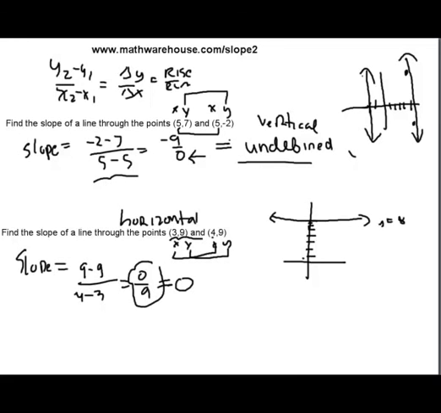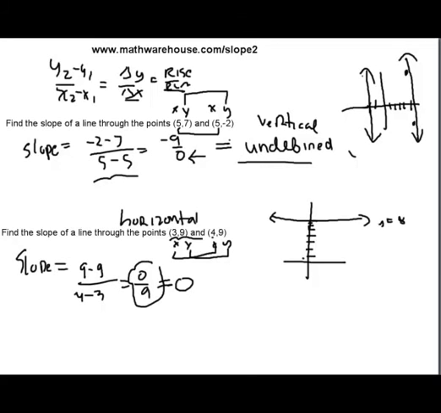If it goes straight up and down, what isn't changing? The run. The delta x, the x2 minus x1, it's the same number, so you get a 0 on the bottom. However, if it's horizontal, the run changes, but as you can see, the y value doesn't change. The delta y doesn't change. The rise doesn't change, so you get a 0 on the top.